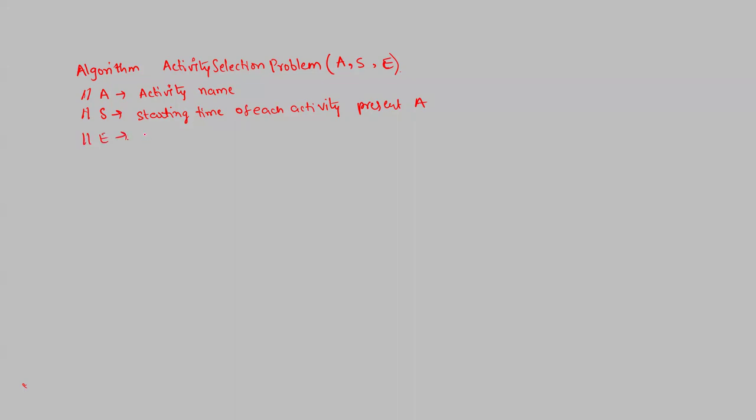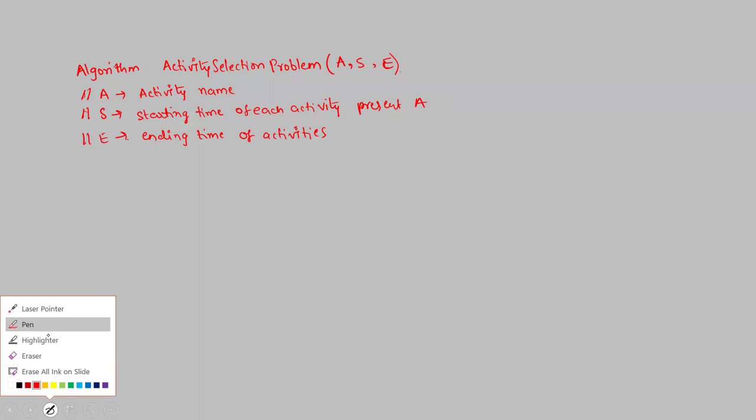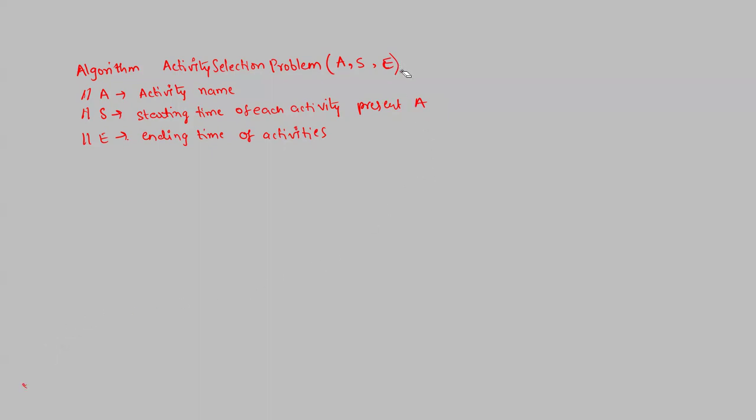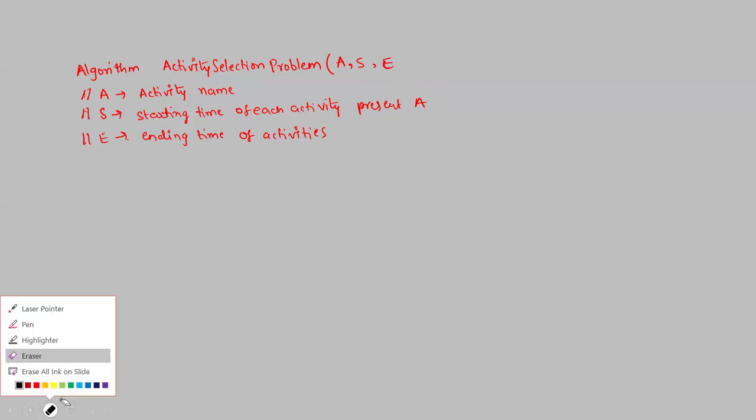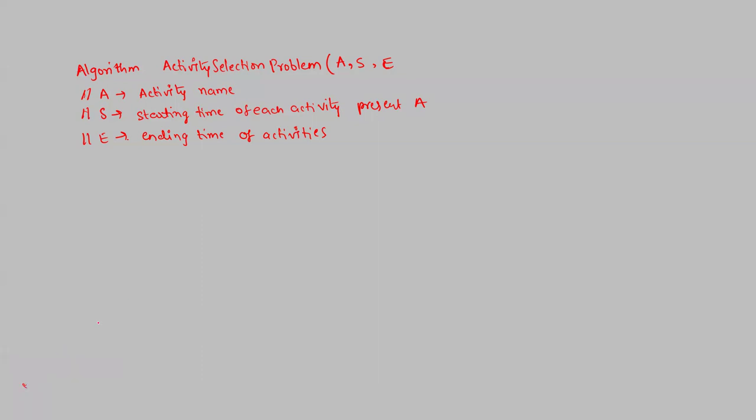Capital E is the ending time of the activities which are present in capital A. And one more thing, along with that, I am going to take N, which conveys the number of activities, starting times and ending times. Okay, so this is going to be represented by N.